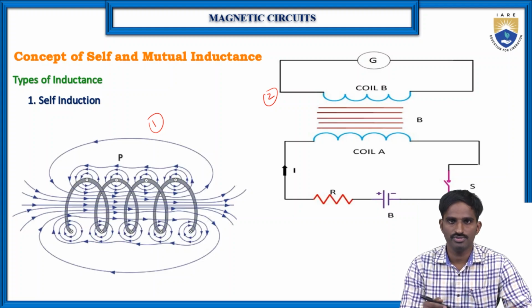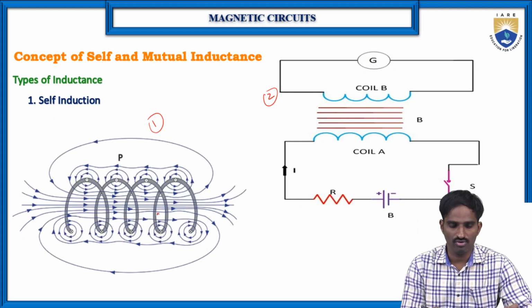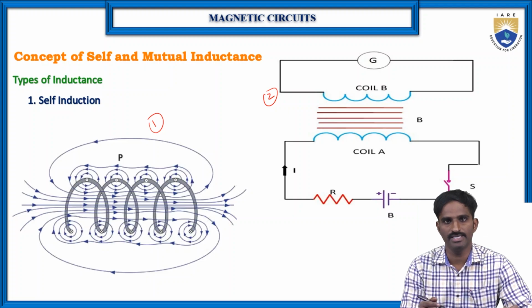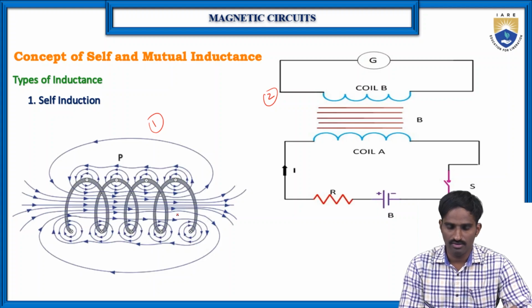If you want to produce inductance of a coil, then you must have a coil. Self-induction is the EMF induced by the coil linking the coil itself. That is called self-inductance, and for that, one coil is enough.